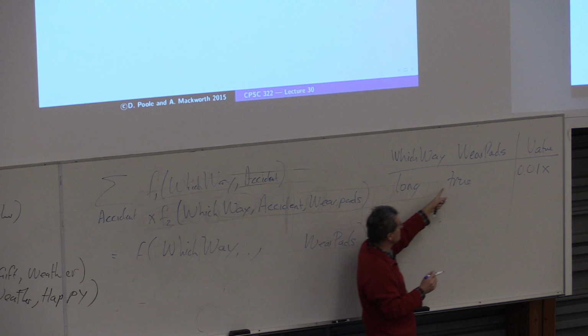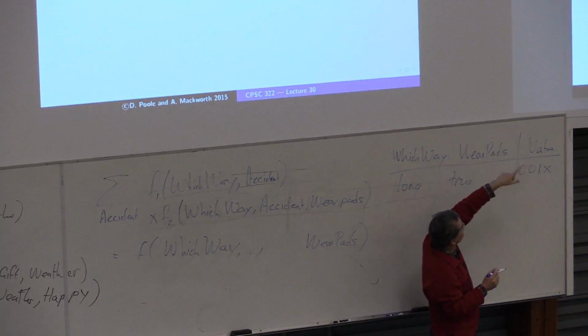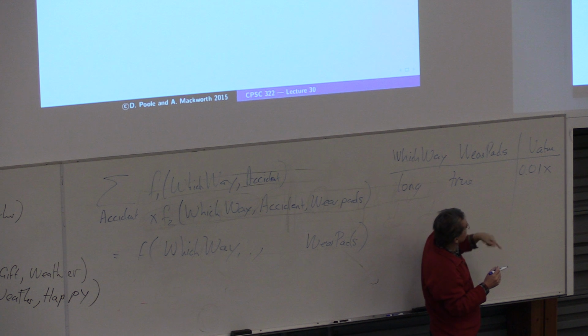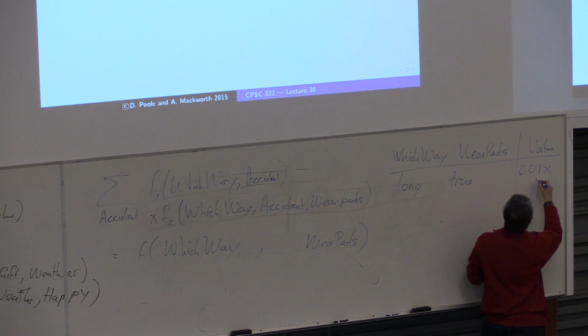So I've got long, true, and accident is true. What's the value for the first one? 0.01. What's the other one? Long way, pads true, and accident true is what? 30, thank you.